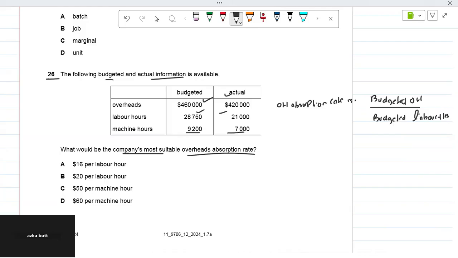The budgeted overheads are basically 460 divided by the labor hours, which is 28,750, and it is equal to $16 per labor hour.